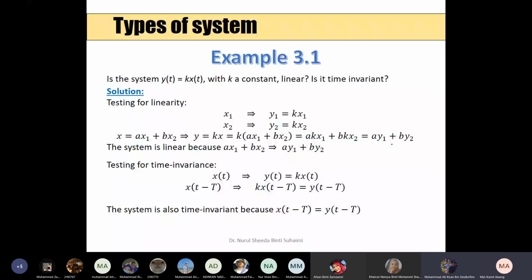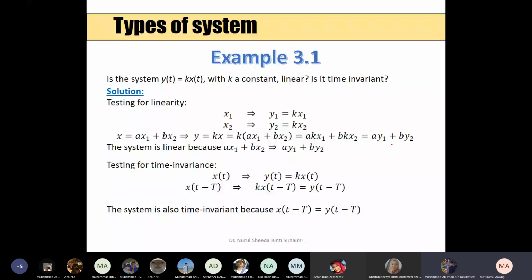So x equal to a x1 plus b x2 will produce y equal to k times (a x1 plus b x2), so a k x1 plus b k x2, equal to a y1 plus b y2. So the system is linear. That is how you do the test of linearity.